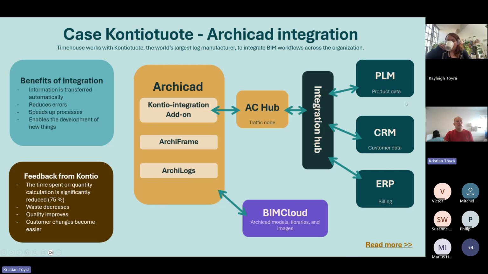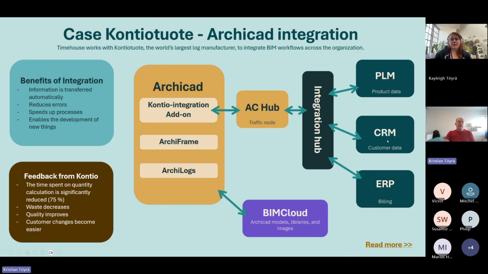So these things on the right are inside Contio. So this is what Contio has. They have PLM, product lifecycle management, CRM, customer relationship management, and ERP, enterprise resource planning. I mean, one system could handle these all, but they happen to have 3 different systems.